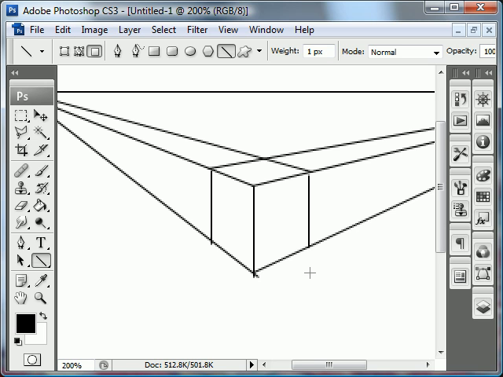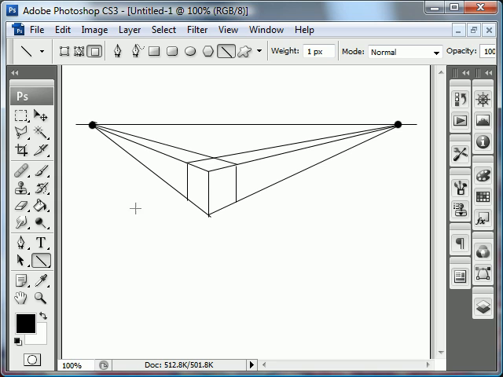Well, the difference between two-point and three-point is that these lines no longer remain straight up and down and parallel. Instead, those lines will go to a third vanishing point, okay?